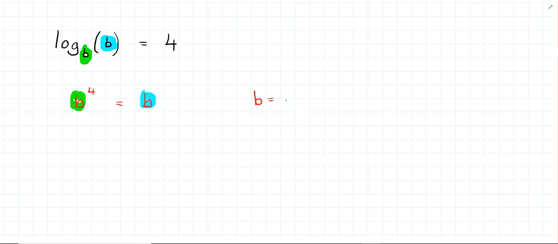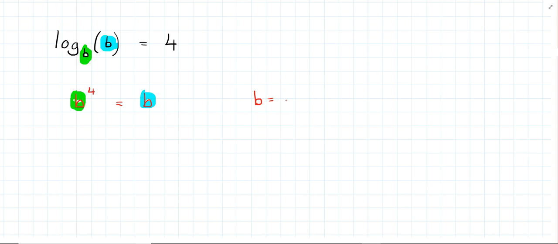Wait, wouldn't log to the base b of b equal b? Well, there's 3 b's then though. Where did the 4 go? No, just on that side of the equation. Because it wouldn't be the same thing as like log to the base 10 of 10.